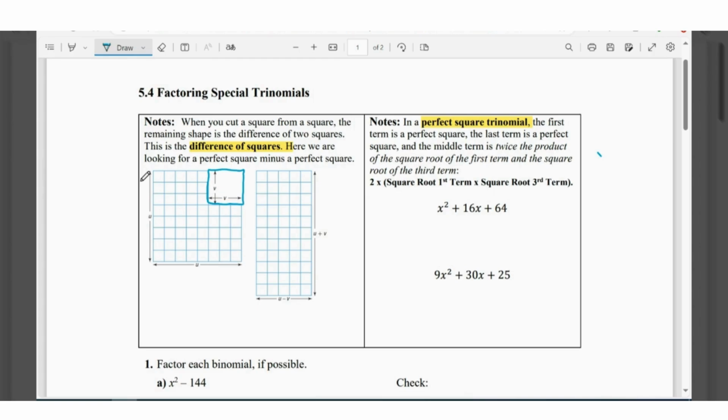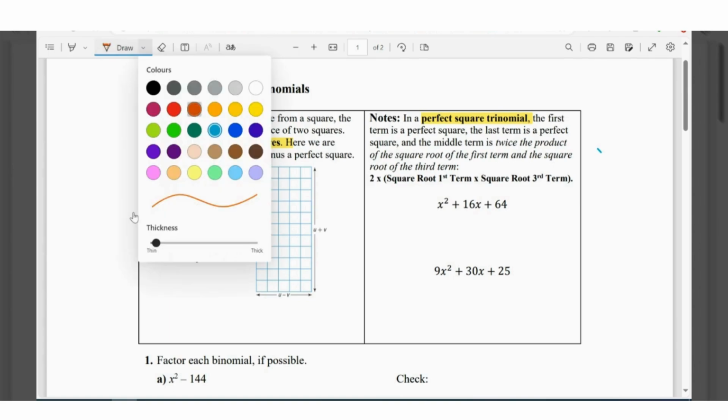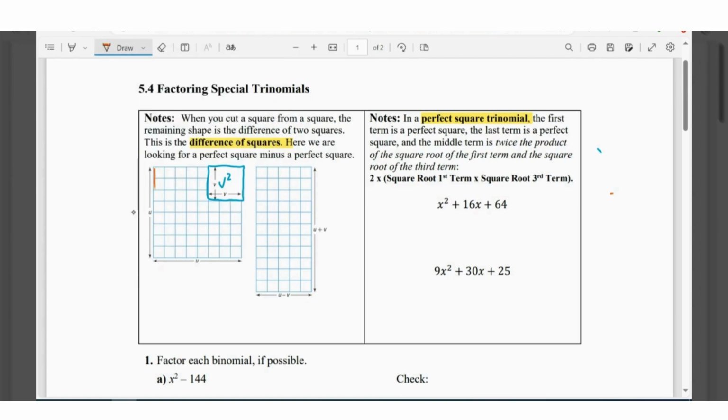Here, we are looking for a perfect square minus a perfect square. In this one, this section right here would be v squared, so v times v, that's what we're cutting out. This big square right here would be u squared, u times u. This one would be u squared, but we've subtracted out the v squared.